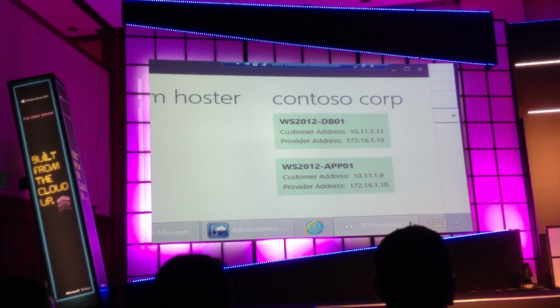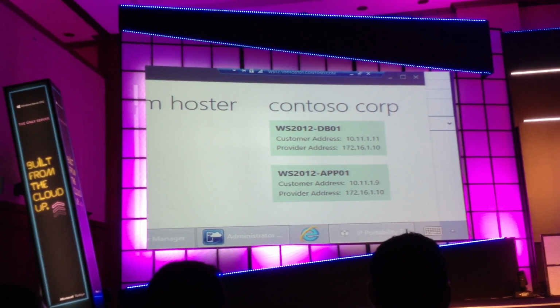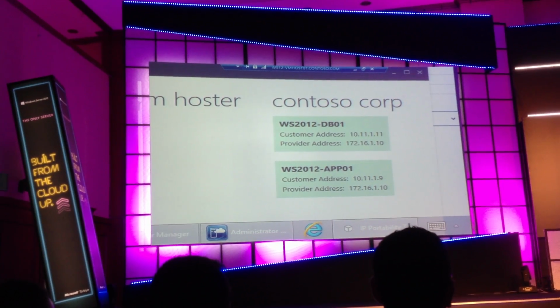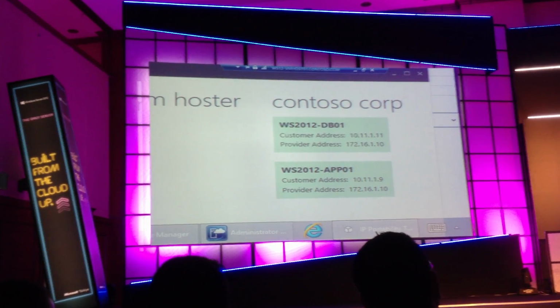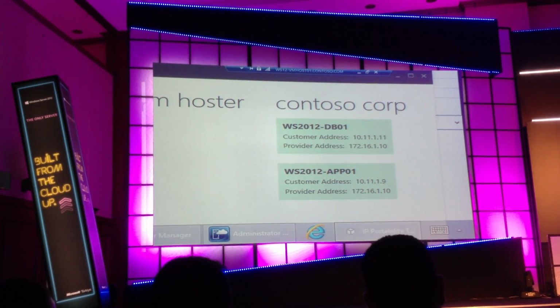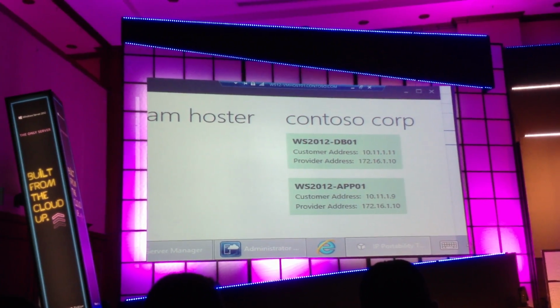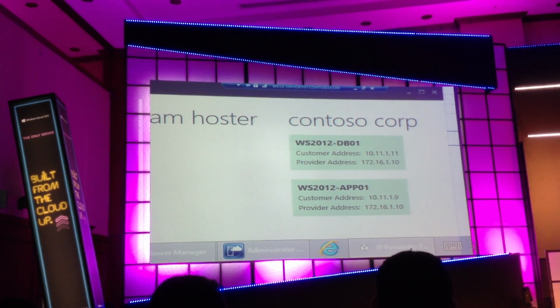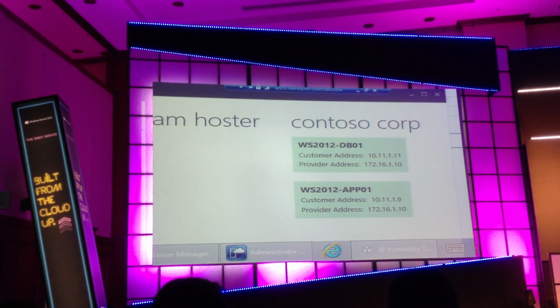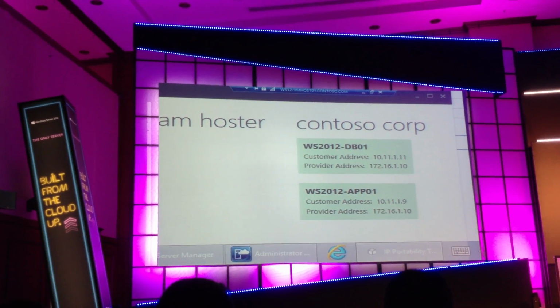And Hyper-V maintains and manages the relationship between customer address and provider address. So you don't have to worry. And you'll notice that these two provider addresses are exactly the same. And they're the same because both of these VMs are currently on the same physical host.